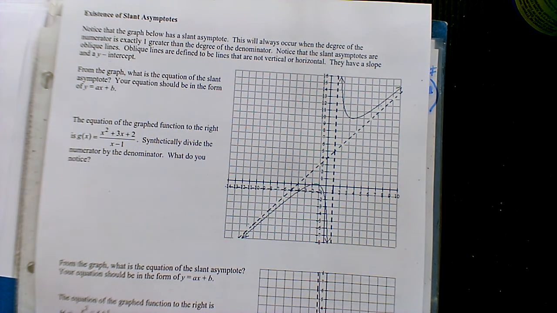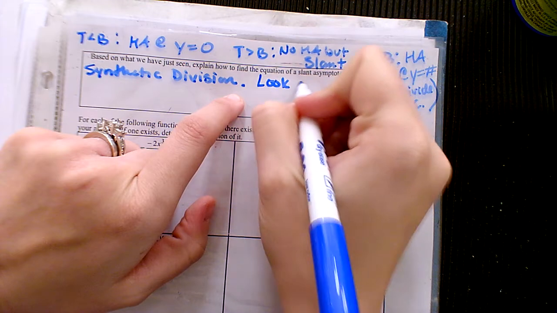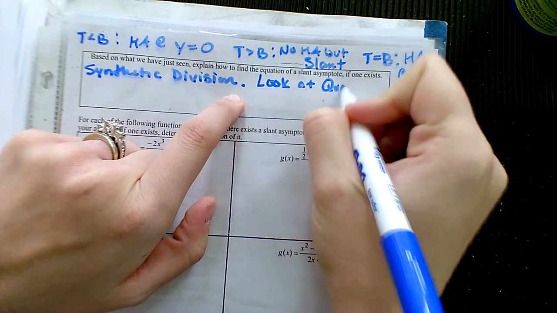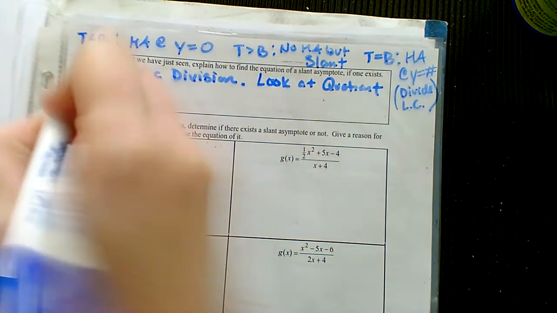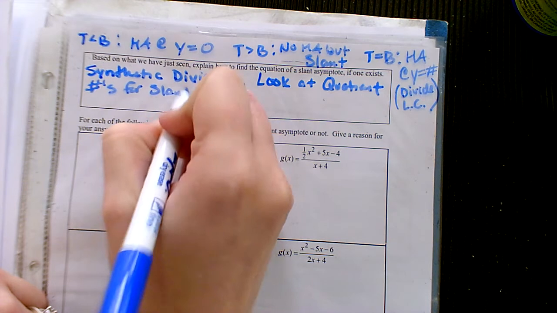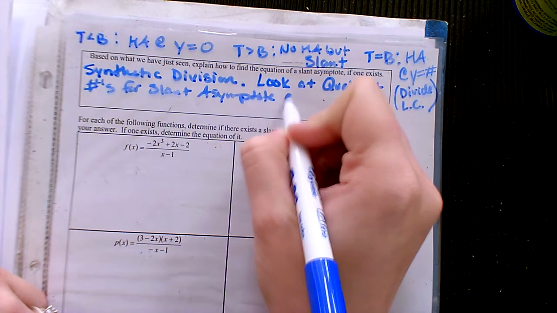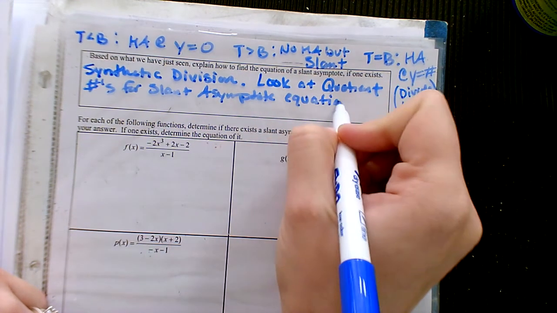Okay, so once we got done with the division, the quotient numbers, the numbers at the bottom, that's where we found the slant asymptote equation. So we'll say: look at quotient numbers for slant asymptote equation.